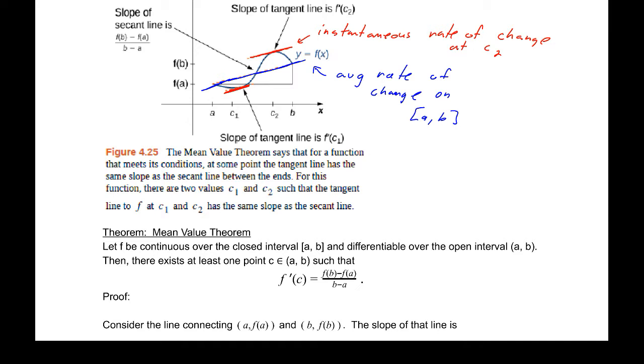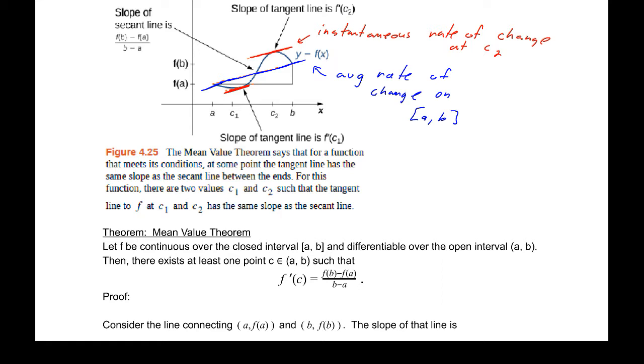Actually, think about driving from here to the nearest big city. You might say I went 3 hours at 70 miles an hour. You can think about your average rate of change, the time and the distance.